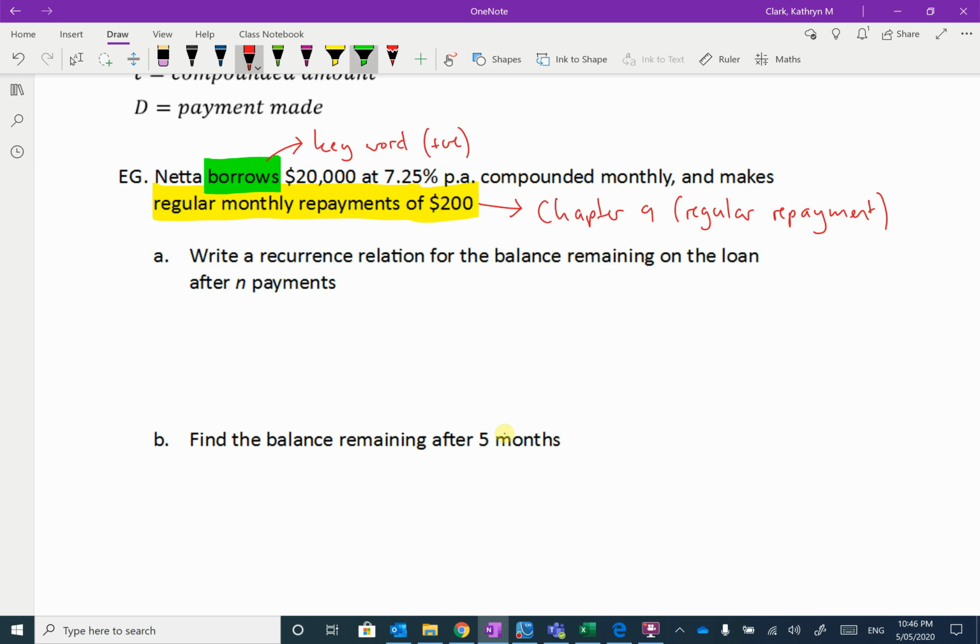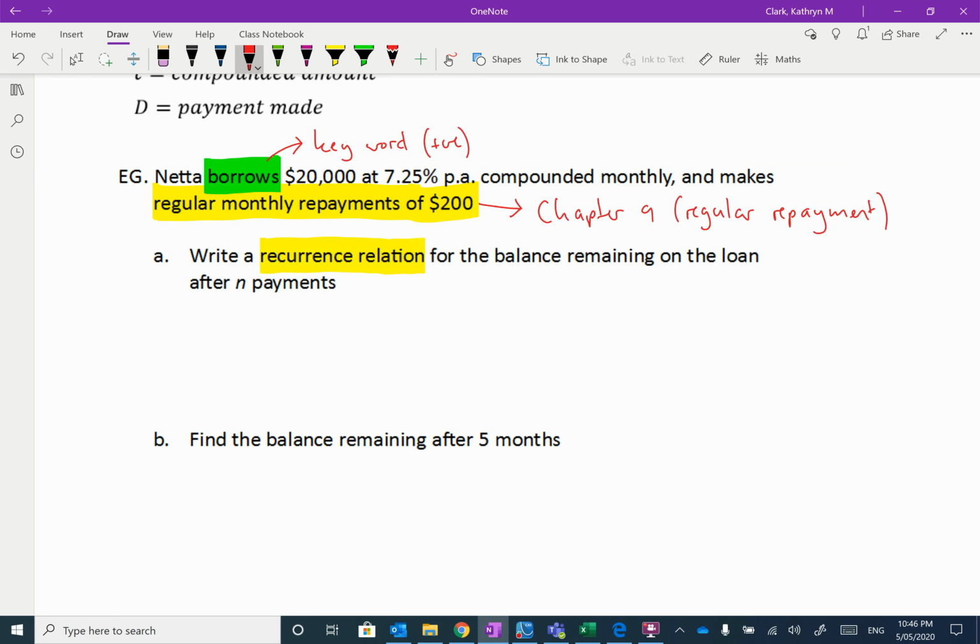Next bit of information we have: $20,000 and 7.25% compounding monthly. Now I can go about setting up my recurrence relation. I know I have to work out a recurrence relation because the question says recurrence relation. If it doesn't say recurrence relation, then don't do recurrence relations, because they're a pain.